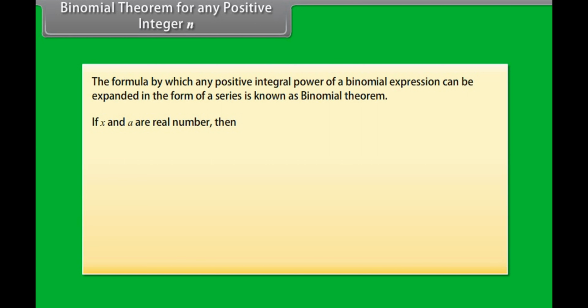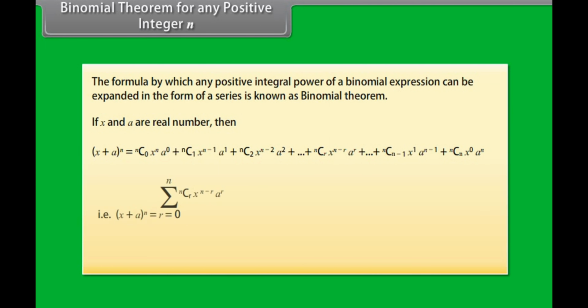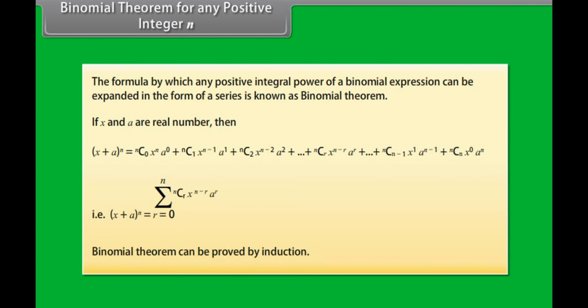If x and a are real numbers, then (x+a)^n is equal to the summation from r equals 0 to n of nCr x^(n-r) a^r. The binomial theorem can be proved by induction.